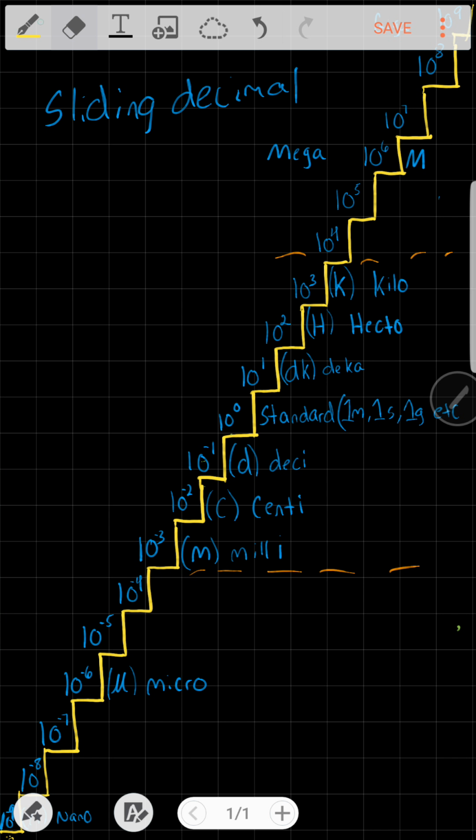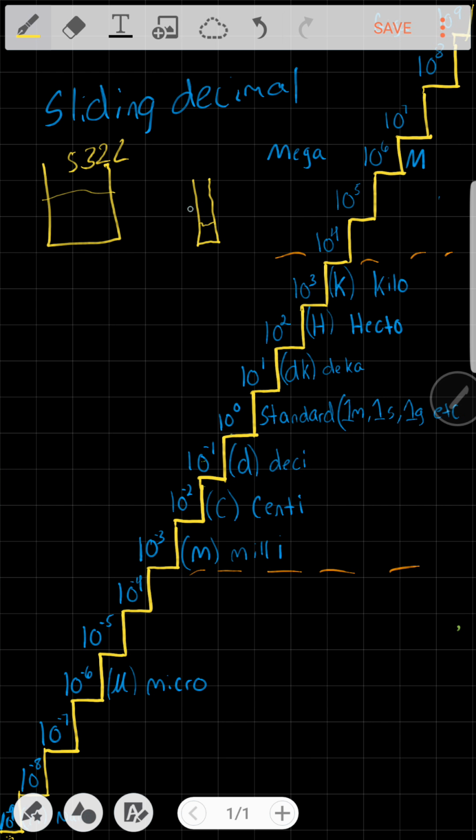I want to add. Let's make it into liters. Say I got a big tub here, and it's measured in 532 liters. And I got a graduated cylinder here, a little tiny graduated cylinder, and it's filled up to there.